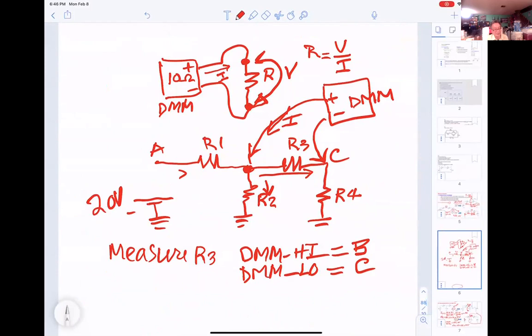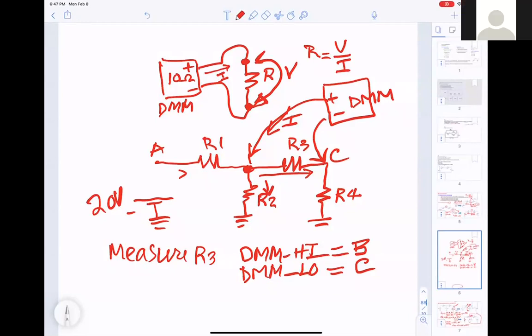The engineer already tells you: you apply 20 volts, you measure VB, you're supposed to get 5 volts. If you don't get 5, something is wrong, then how do you fix it? Or they say measure VC, whatever voltage the engineer wanted, then you just measure to see if you get it or not.